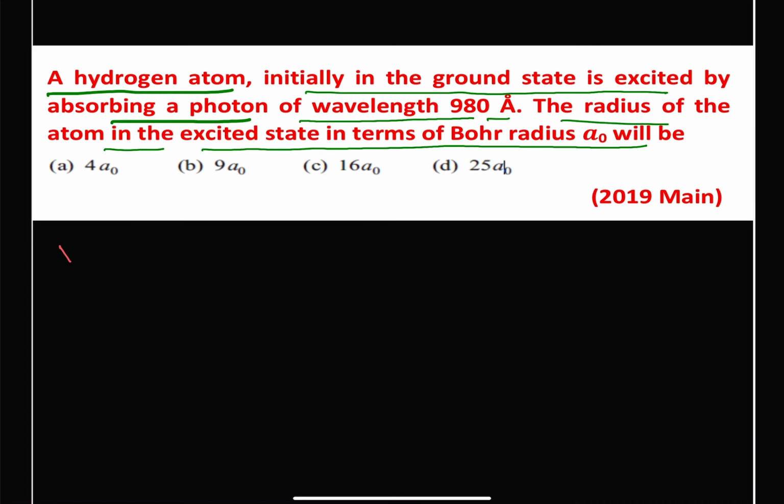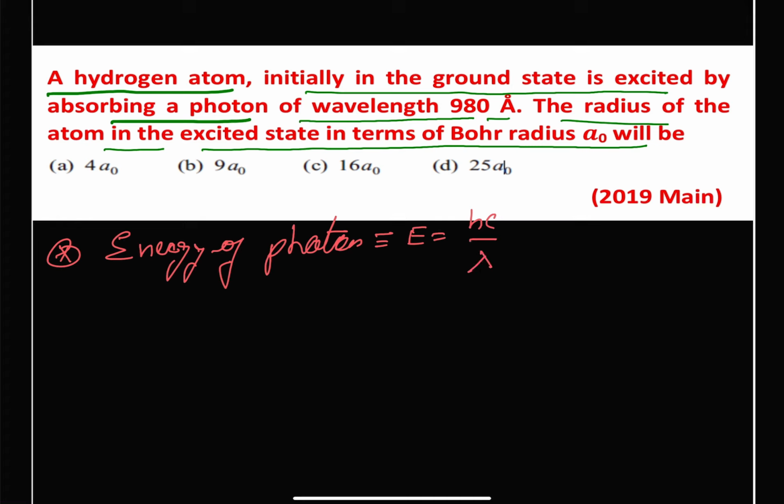The energy of the photon is E is equal to hc upon lambda. The value of hc we can write as 12,500 divided by 980, and this comes approximately as 12.76 electron volt.